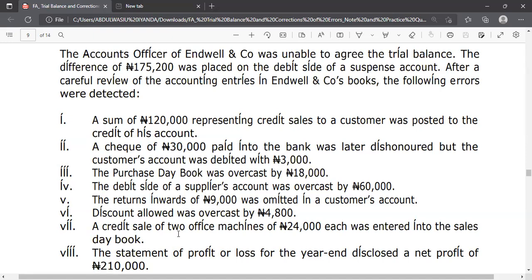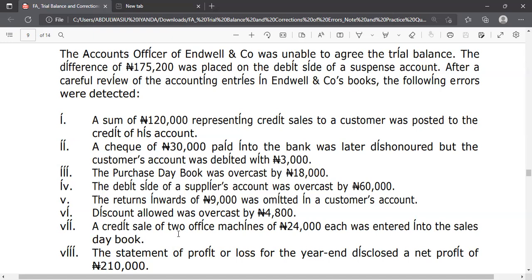So I'm only going to say this is my sales, this is my revenue, if it is coming from my principal course of activities. That is, what are you known for? Oh, you are selling this type of goods. Anything that you sell to your customer, any income that you receive, that's what we call revenue receipt.